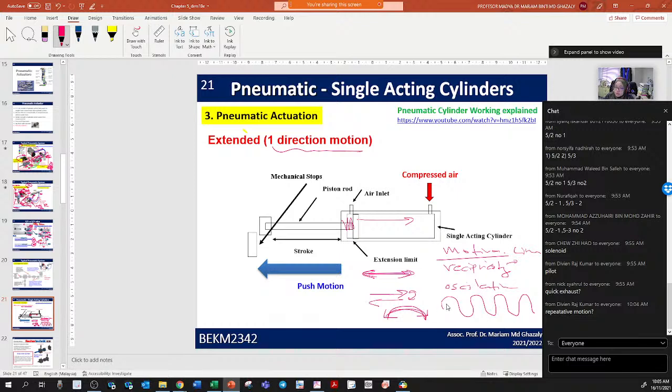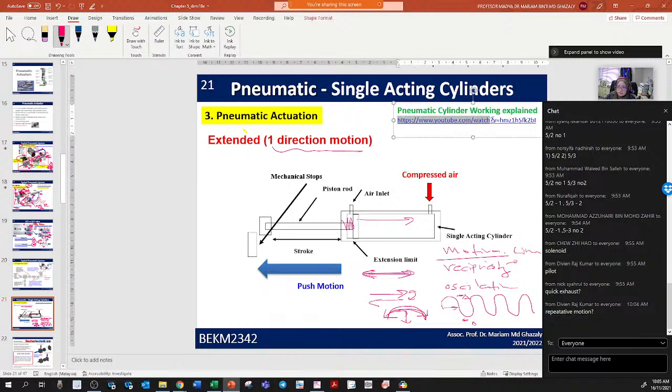It's going to oscillate from point A to point B, and again. Oscillation is with a degree, with an angle. So that's the difference.